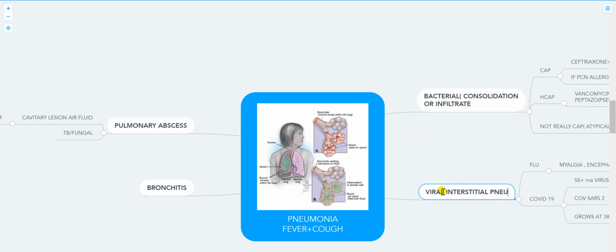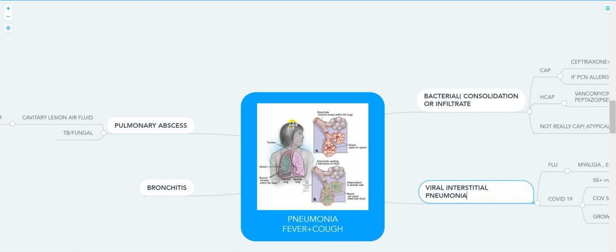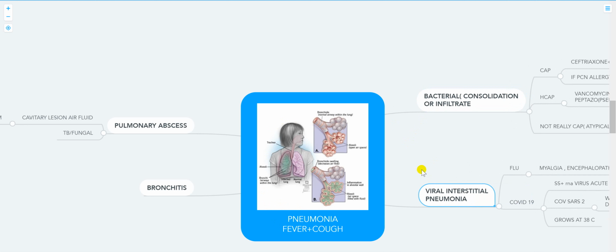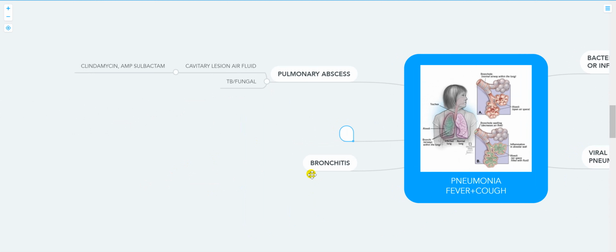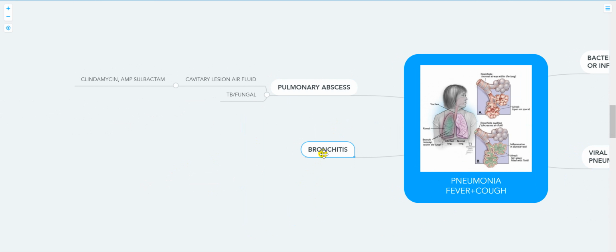Interstitial pneumonia, so that's why it's dangerous. Bronchitis, usually it's not viral. It usually comes after a viral infection, it's not caused by a microbe, so it's not pneumonia. No need for antibiotics.